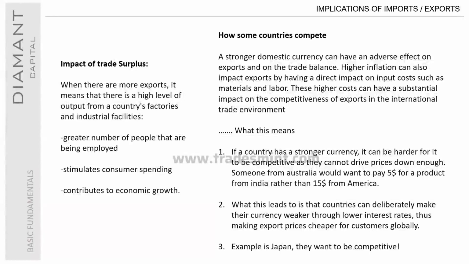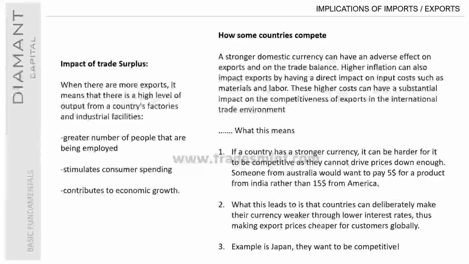Because the issue is that America's currency isn't as devalued as India's currency, of course. And so what that means is that America's currency is increased in value, hence why they can't drive prices as far down as exporters from India.